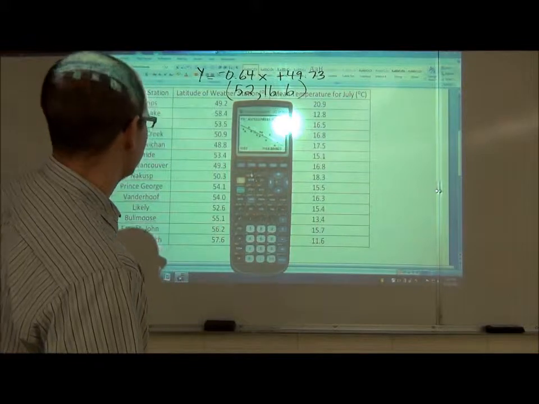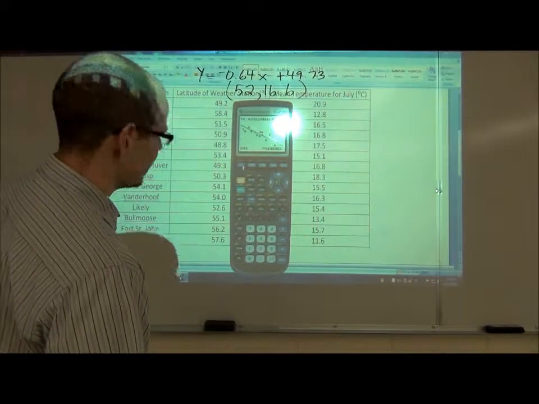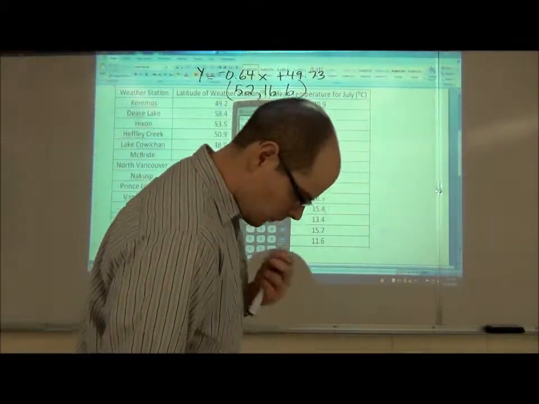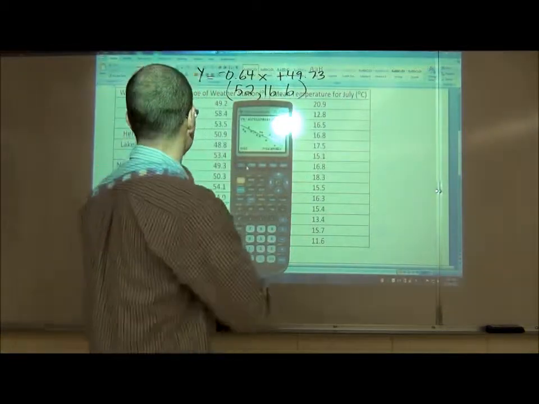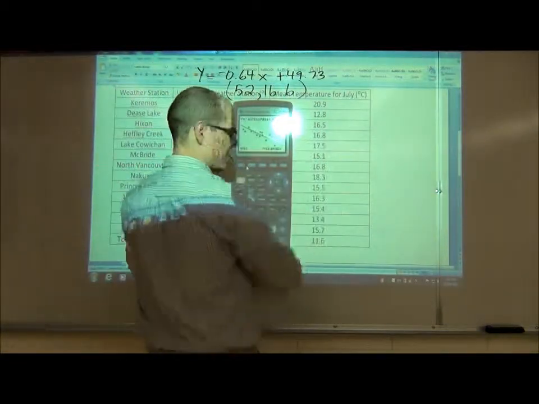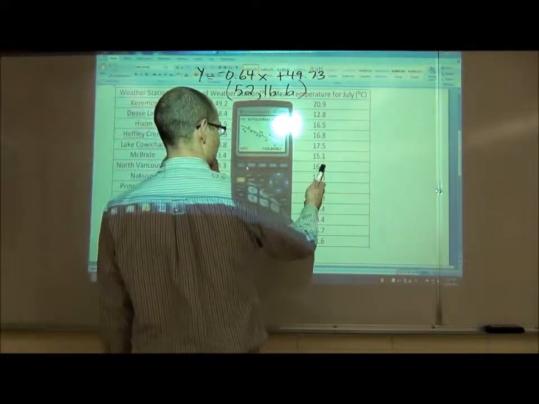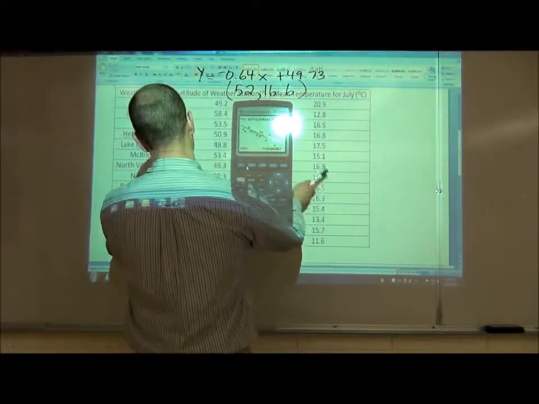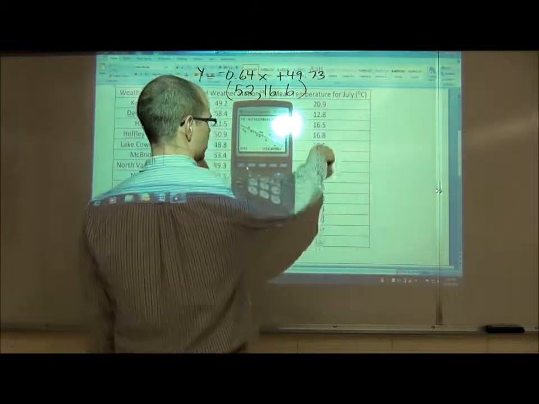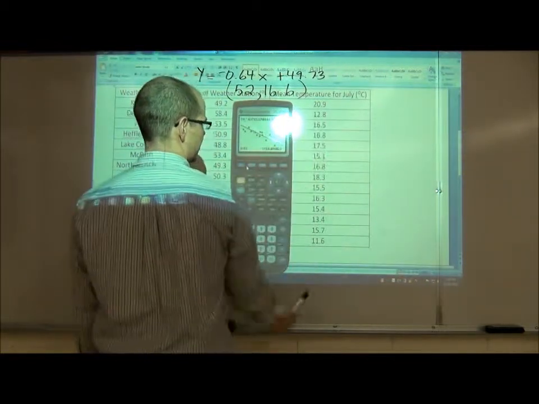Now D is similar but different. In D, it's asking me, at what latitude, so what x, would you expect to get a temperature of 18 degrees? So now we're working the other way. They're giving me the y, and they're asking for the x that goes with it. And you can see 18 degrees is not on my list for temperatures.